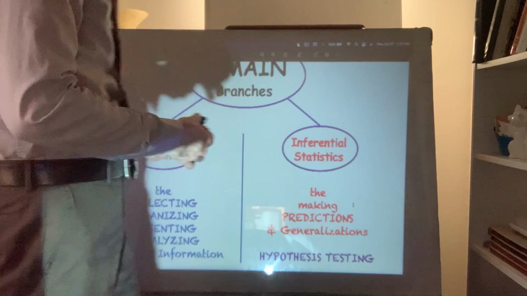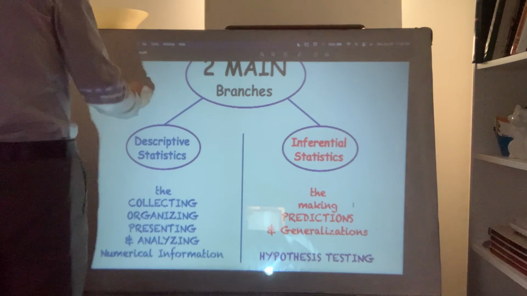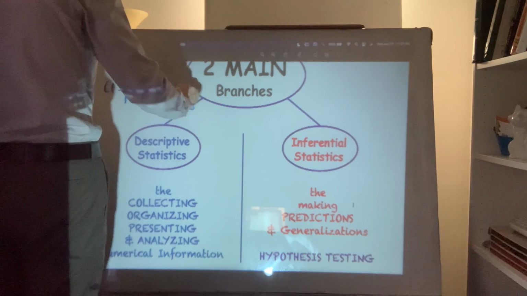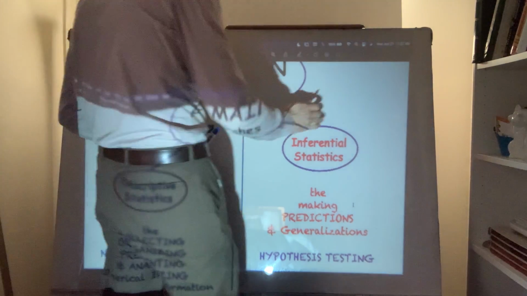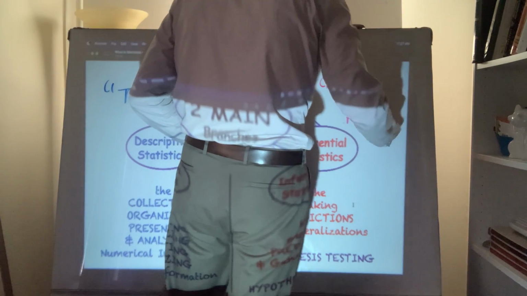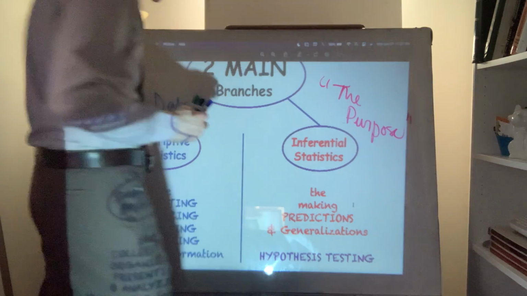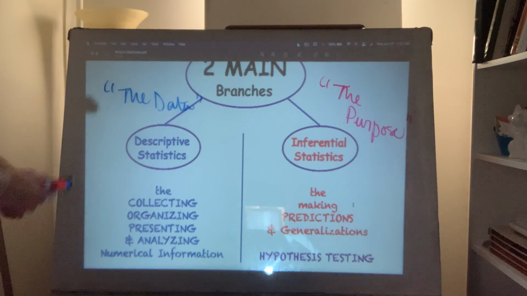You might think of it this way: the descriptive statistics is the actual data, whereas inferential statistics is a bit more akin to the actual purpose of the data.